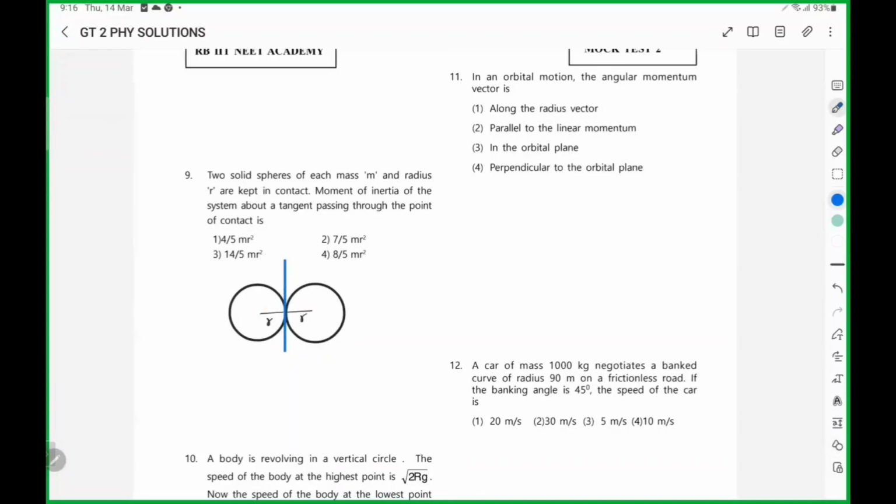So we know through the center of mass, moment of inertia of a solid sphere about an axis which passes through the center of mass is this. By parallel axis theorem, moment of inertia of the one sphere about the tangent will be 2 by 5 mr square plus mr square, that is 7 by 5 mr square. So now moment of inertia of two spheres about same axis will be 14 by 5 mr square.